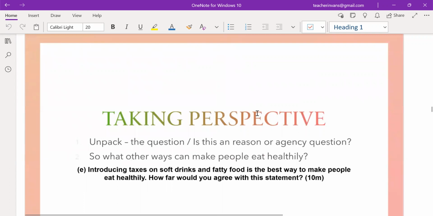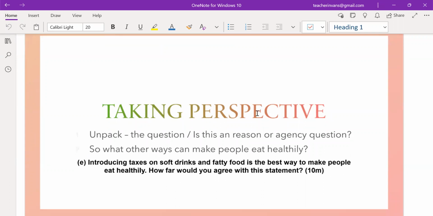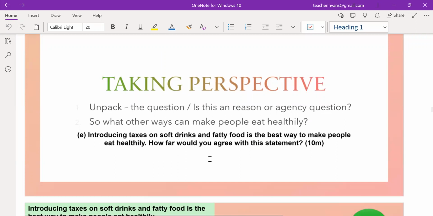So always remember, unpack, unpack, unpack. As you are doing other sources, in the back of your mind, always have that room for analysis where you actually look at whether or not it is successful. Okay. So is introducing taxes the best way?